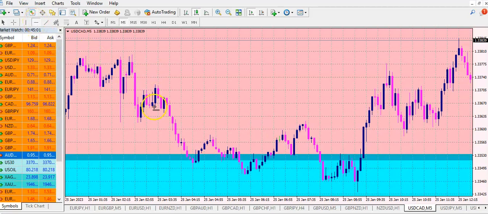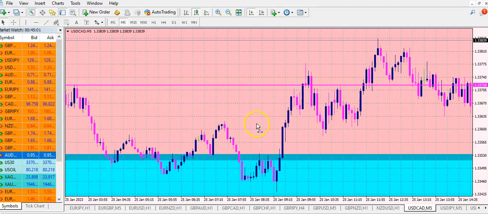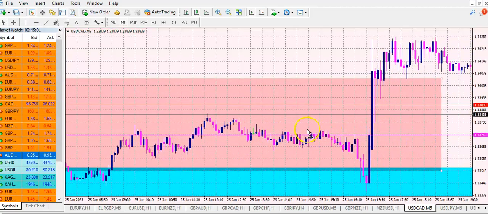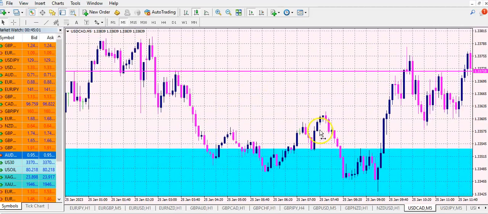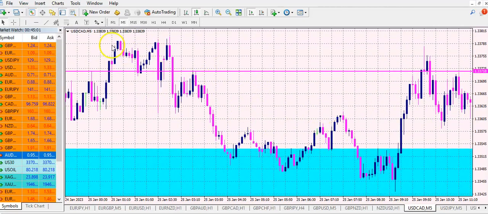Now how do you look for your entry? Here it is. Let's start from here. Let me remove this rectangle. Good. So let's start our entry analysis from that top.